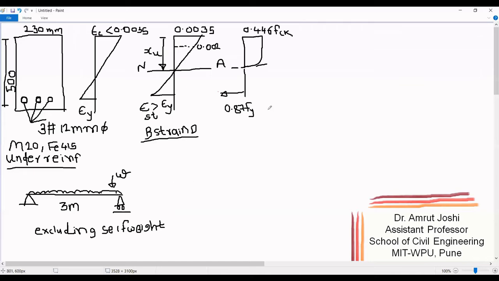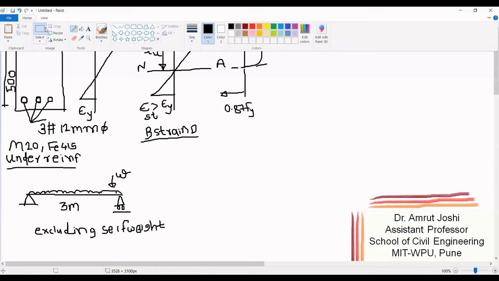Now let us try to solve this problem. The first step that we are going to do is, now let us forget about all these strain distribution and stress distribution diagrams. We already have the expressions in place.